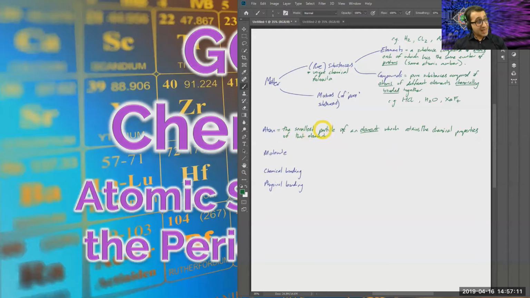Okay, so that's what an atom is. But you see here that the definition of the word atom is contingent on you being able to understand what we mean by an element. It's also contingent on you understanding what we mean by chemical properties.